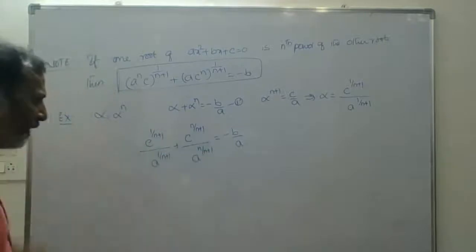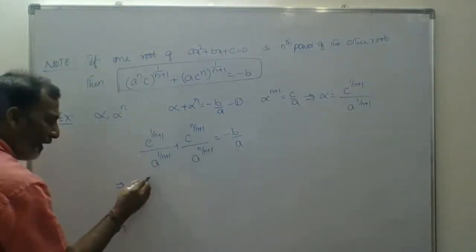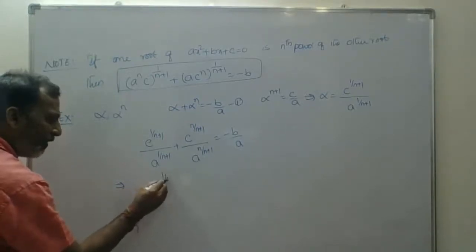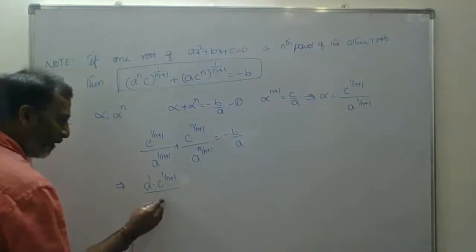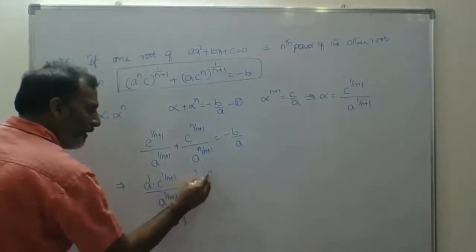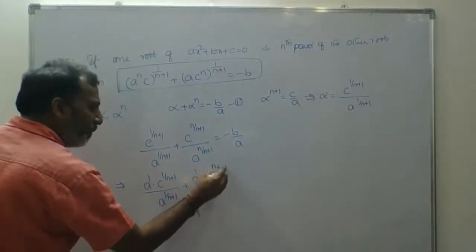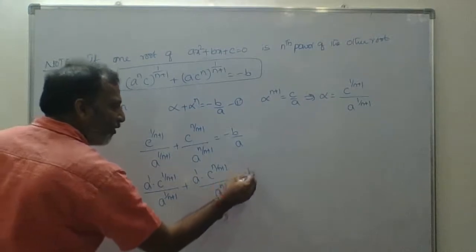So cross multiply చేసామనుకోండి ఏమొస్తుంది? a తో. So a into c power 1 by n plus 1 by a power 1 by n plus 1 plus a power 1 into c power n by n plus 1 by a power n by n plus 1 is equal to minus b.